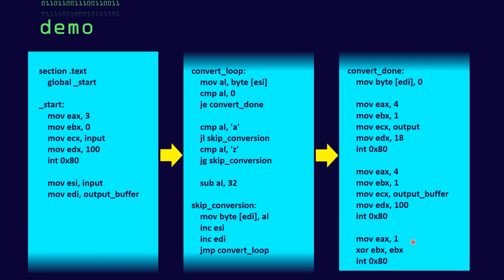Then we are going to perform an XOR on the EBX register, and this is just clearing the register, which will return the result 0, and that's what we want. And then we are just calling the system again to perform the exit, which is the instruction that was provided in this line here, the first line of this block. And we're done.